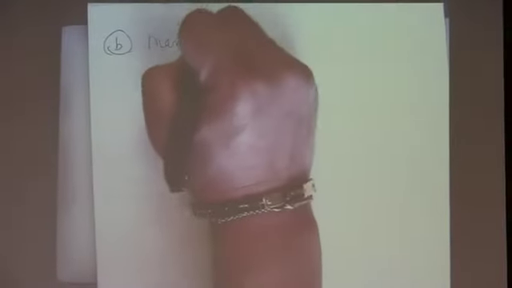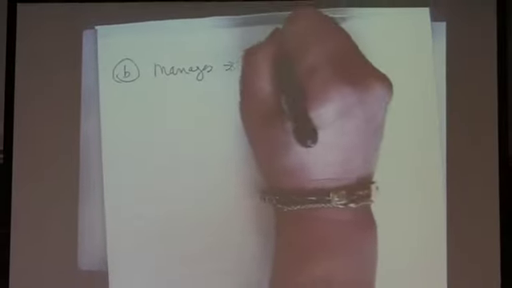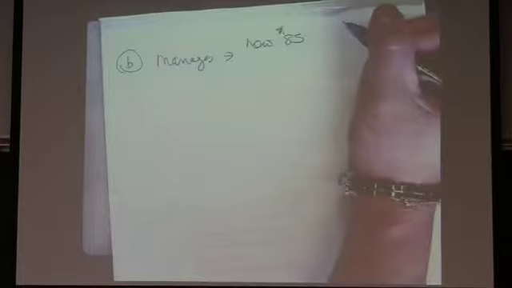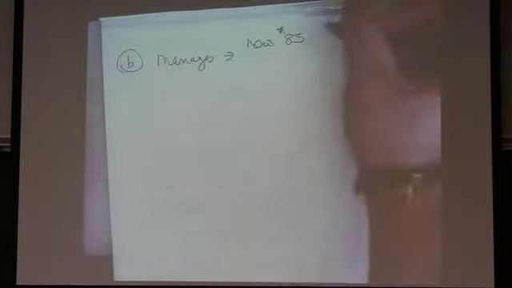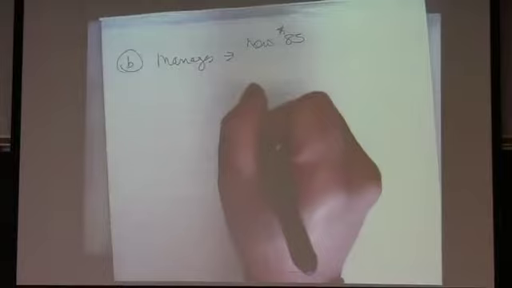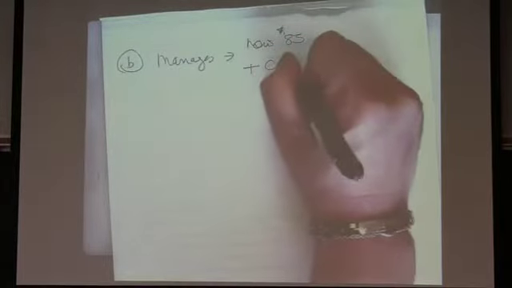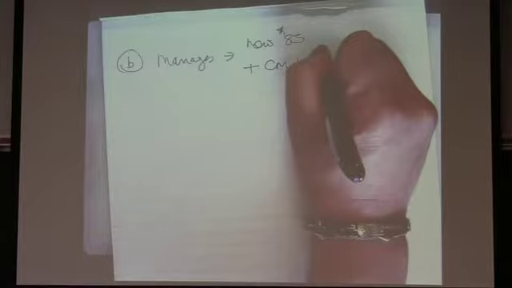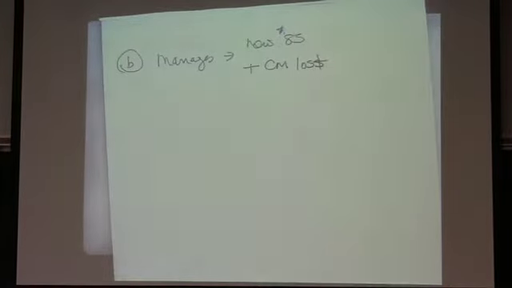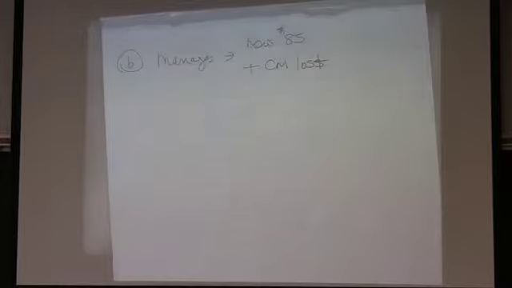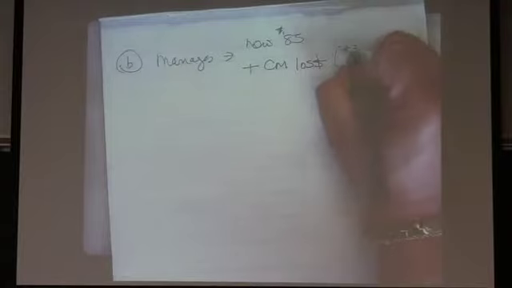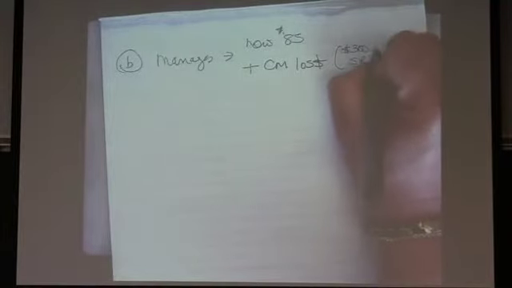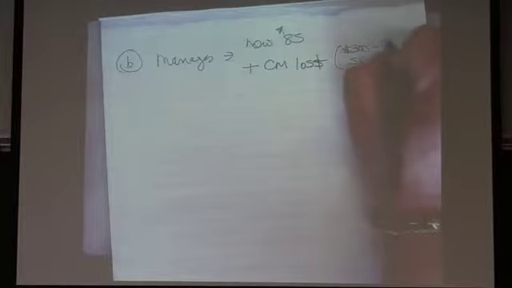So for part B, managers are willing to pay, right now they're paying $85. Now, they would be willing to pay $85 plus the contribution margin loss. And what's the contribution margin lost here? It's going to be the sales price of $300 minus the variable cost of $140.